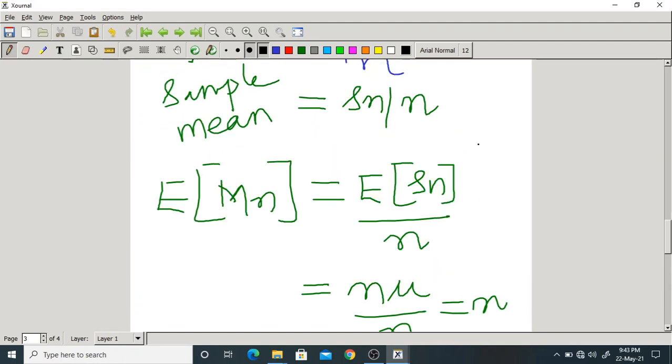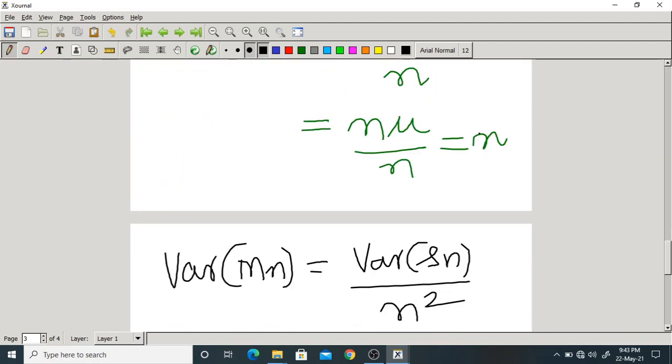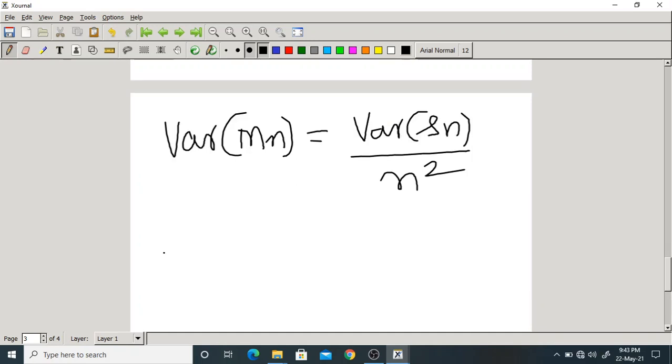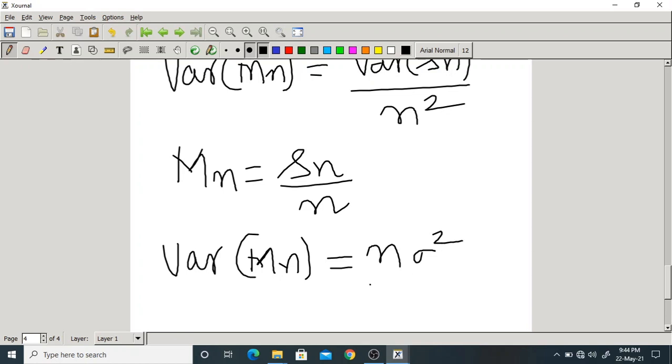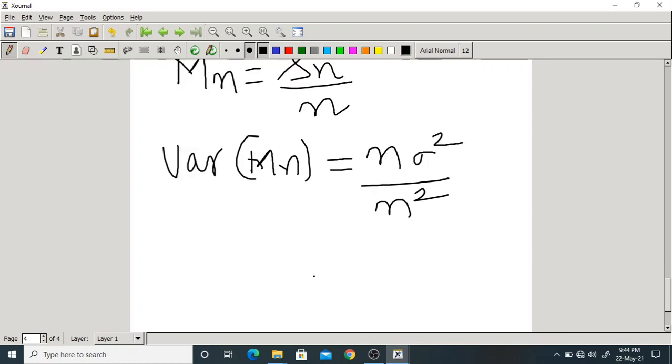Are you okay with this? Because Mn equals Sn by n. In the same way, the variance of Mn equals the variance of Sn, which is n into sigma square, by n square. That is sigma square by n.